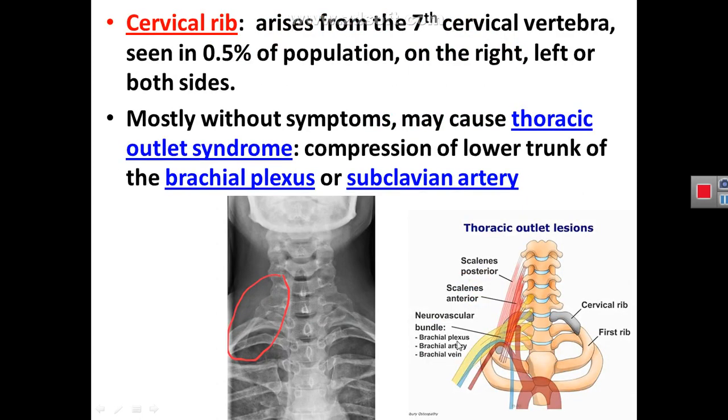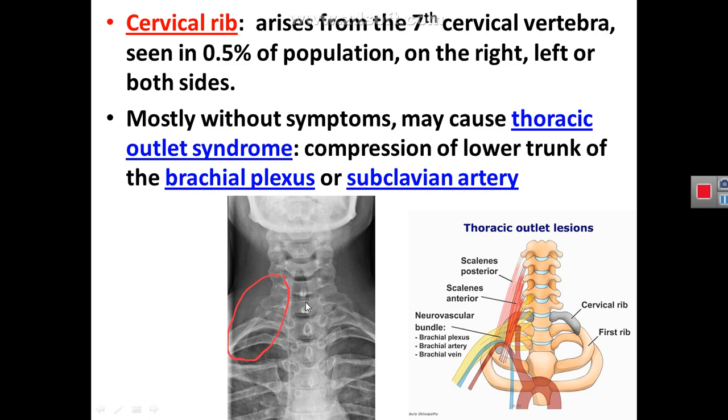Again, what is important to report here in consideration of the osteology of the ribs is that sometimes the 7th cervical vertebra has a rib also. Usually the ribs start from the first rib attached to the T1 vertebra.